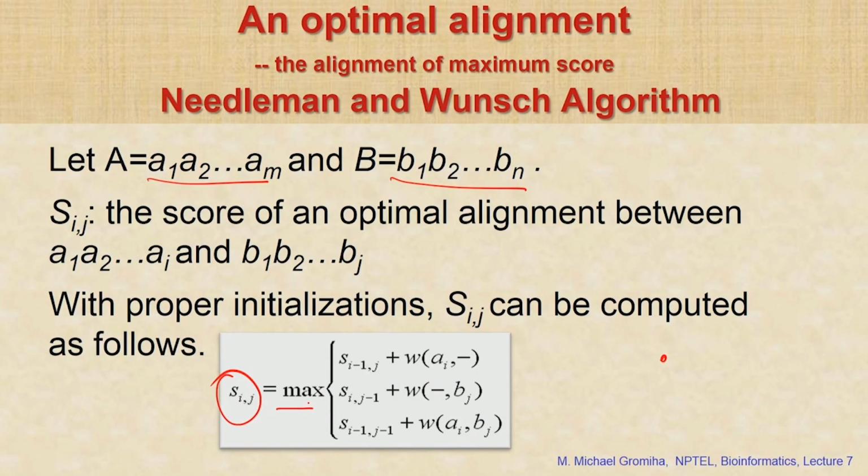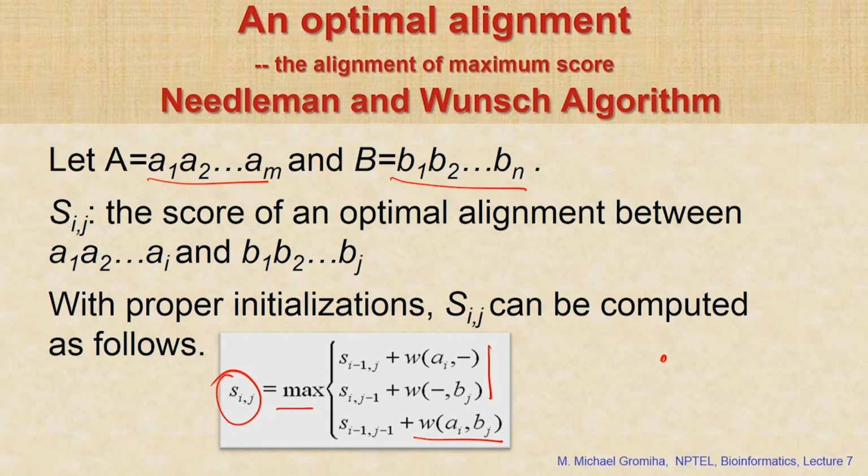So, he used these values, right, and takes the maximum. First way is whether it is insertion or deletion, or this is a matching score or mismatching score. You weight depending upon A and B. If it is a match, we give the match score. If it is mismatch, we give the mismatch score. Otherwise, we give the gap score.